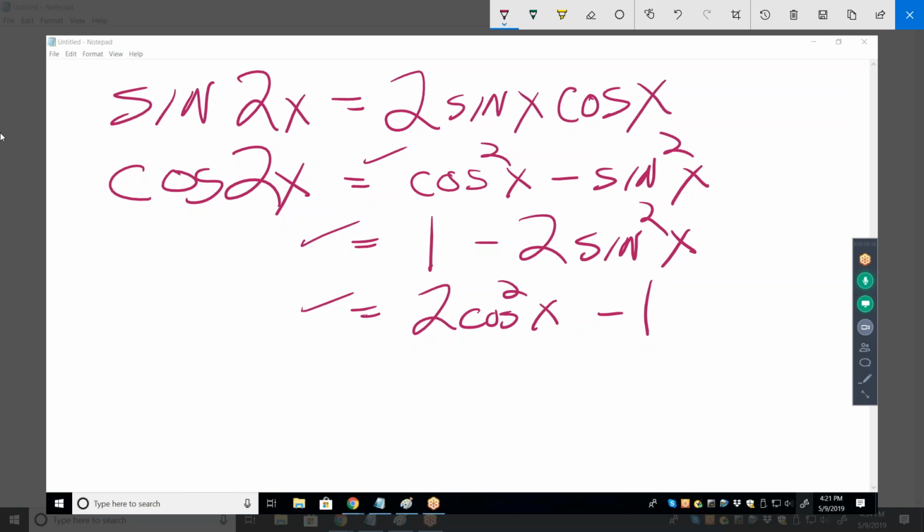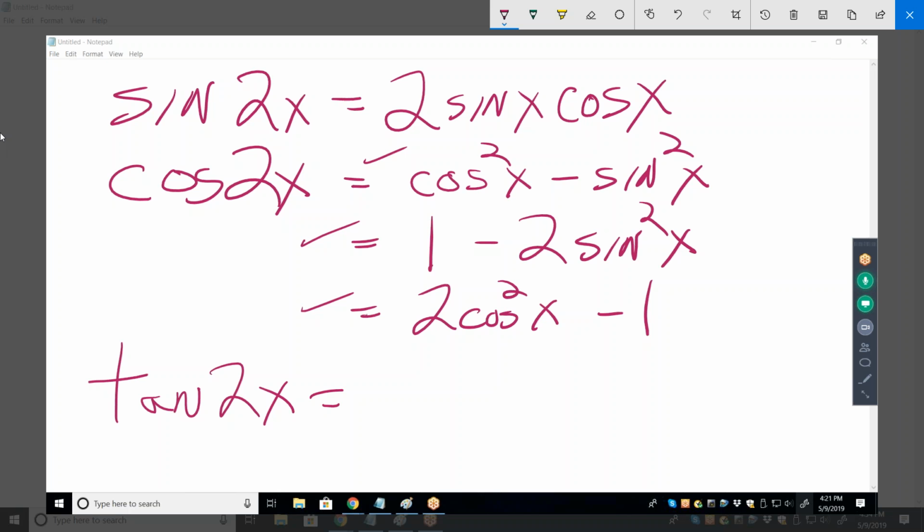Now, the tangent of 2 theta, you don't really need to memorize that, because guess what? That's the same as the tangent of x plus x, and you can use the sum and difference formula.